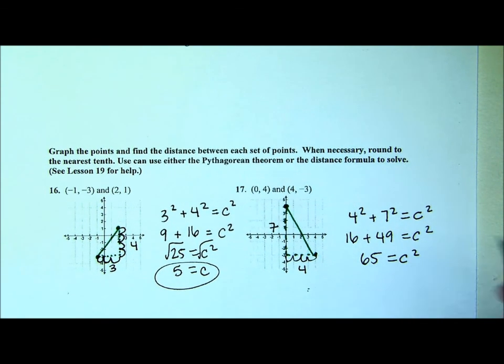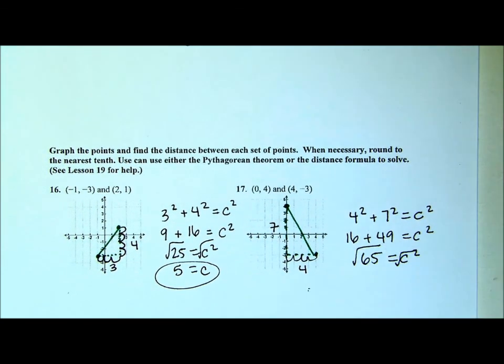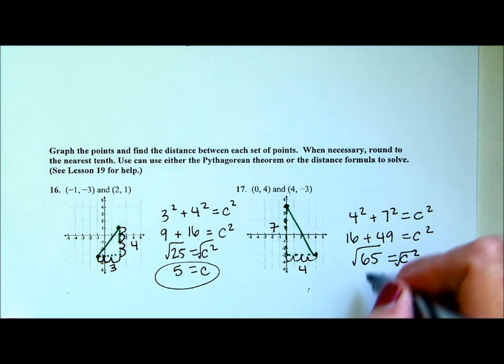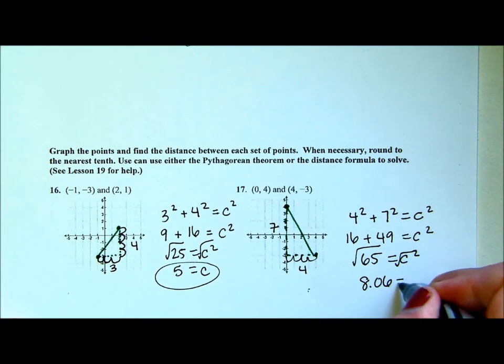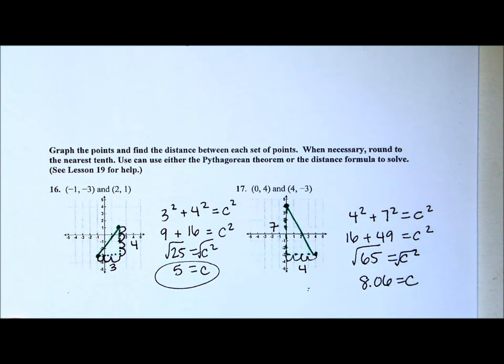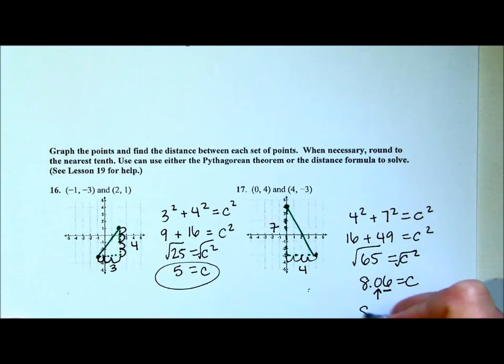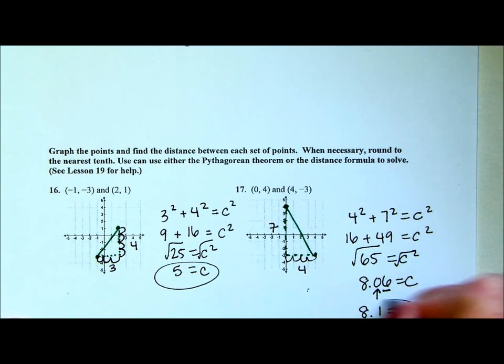Next, I'm going to square root both sides, and the square root of 65 is going to be 8.06. And we need to round to the nearest tenth if needed. So the 6 is going to cause my 0 to increase, leaving me with a final answer of 8.1 equals C. Okay.